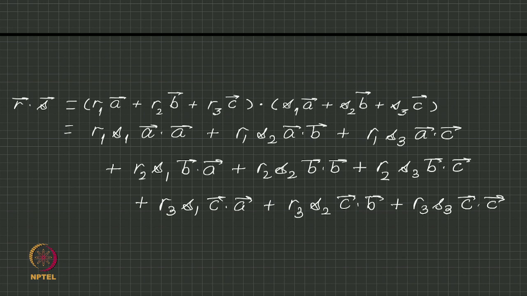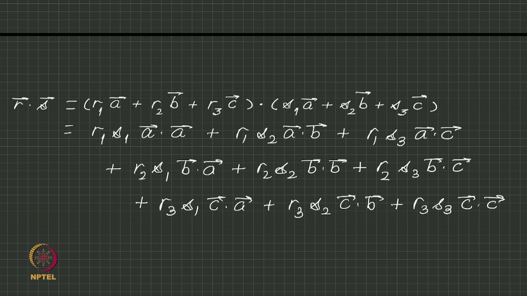So, 6 terms out of these 9 vanish, only the diagonal terms A dot A, B dot B and C dot C survive. That is the beauty, the power, and the reason why the Cartesian system is so much favored.